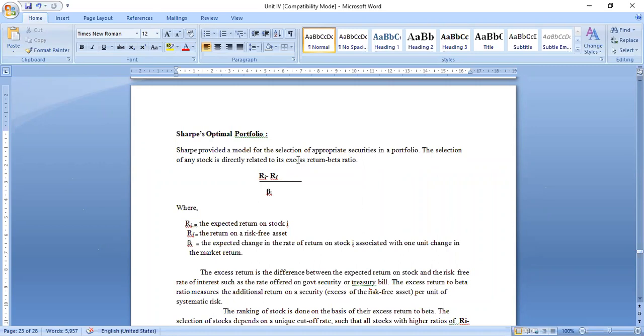Before that, we will try to understand what this excess return to beta ratio is. The formula to calculate the excess return to beta ratio is this. Ri is the expected return minus Rf, the risk-free rate of return.